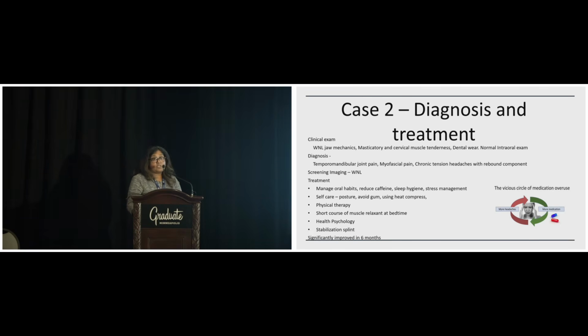So management is identifying those contributing factors, daytime parafunction, posture, working on stress management, sleep hygiene, addressing the nighttime parafunction, reducing rebound components with caffeine, moderating ibuprofen, putting her on a short course of muscle relaxant, and she's significantly improved and had a great change in quality of life in about 6 months' time.